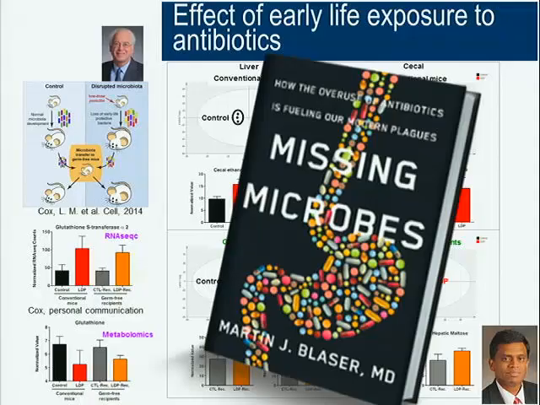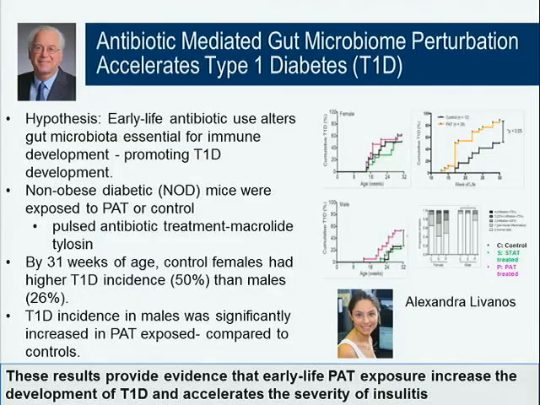Martin also wrote this book on the missing microbes. You might have seen that. It gained a lot of publicity in the last year or so. We've also been using a similar approach, working with him, looking at antibiotic-mediated gut microbiome perturbation and how that accelerates type 1 diabetes in a similar mouse model study.